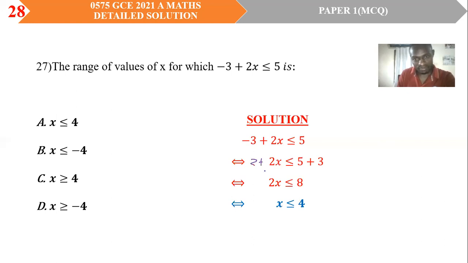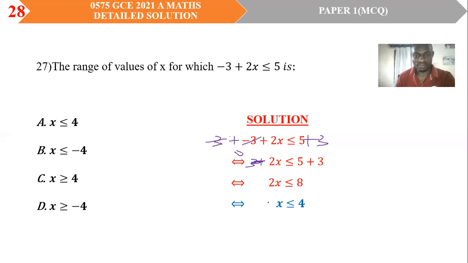When you add 3 on both sides, 3 plus -3 gives 0, leaving this side with 2x, and 2x is now less than or equal to 5 plus 3, which means that 2x is less than or equal to 8.